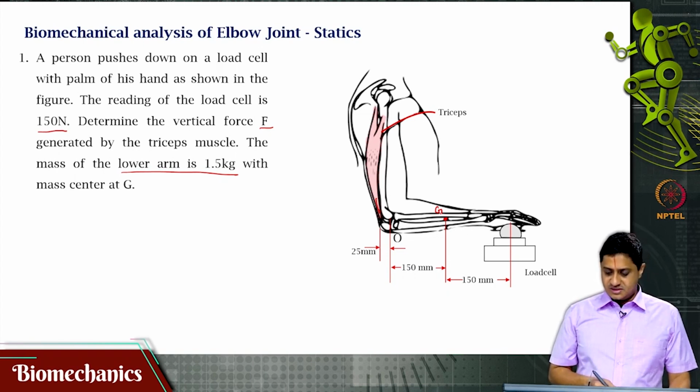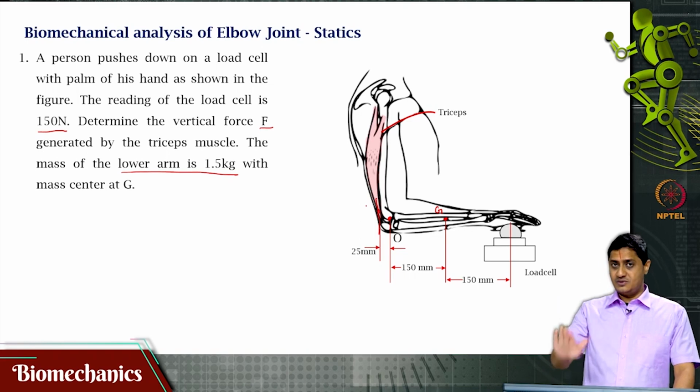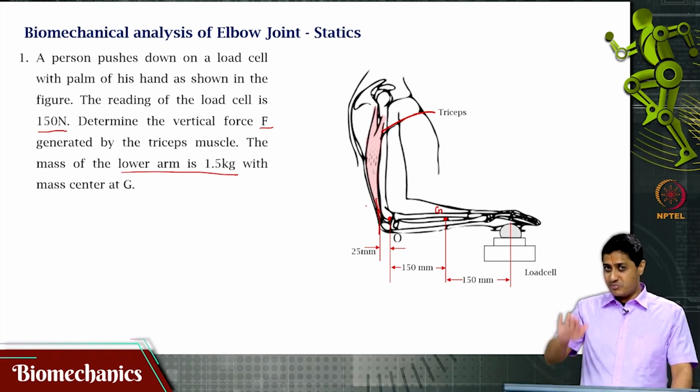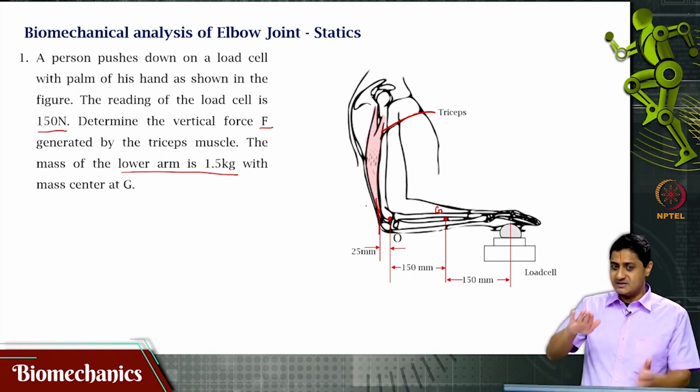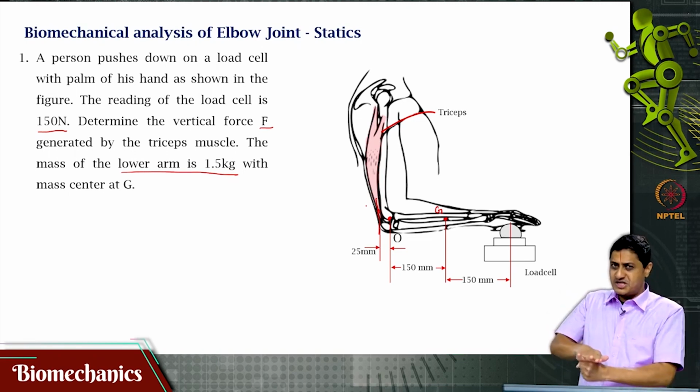Let us study the situation before we start solving the problem. This is the elbow joint. The muscle is attaching to the left of the elbow joint here. This is the triceps muscle. I am not doing flexion, I am doing extension, I am pushing on the load cell. Suppose this is the load cell, let us assume my left hand is the load cell, and with my right hand I am pushing on this.